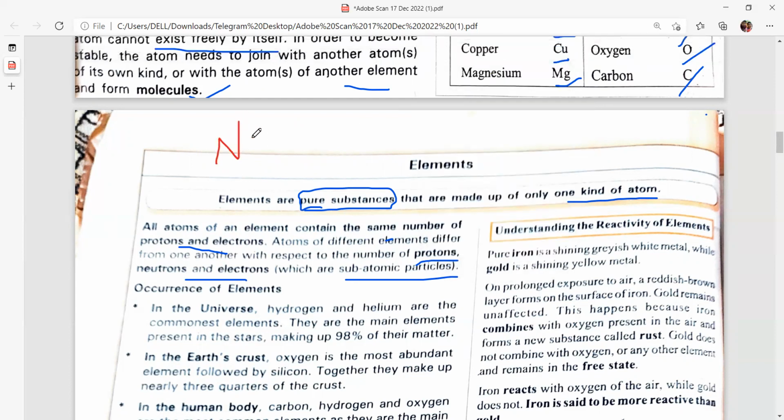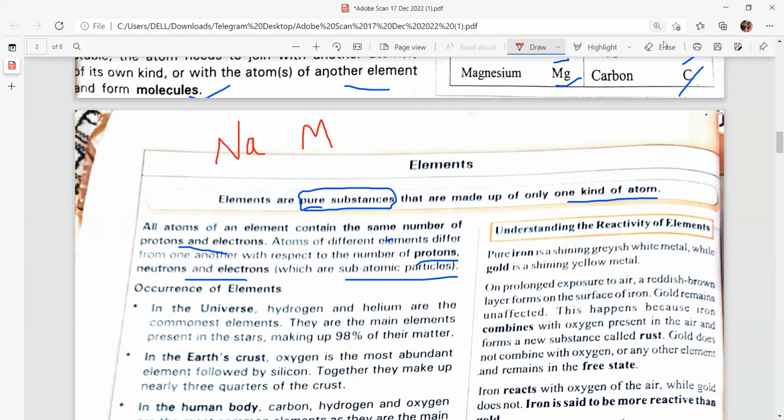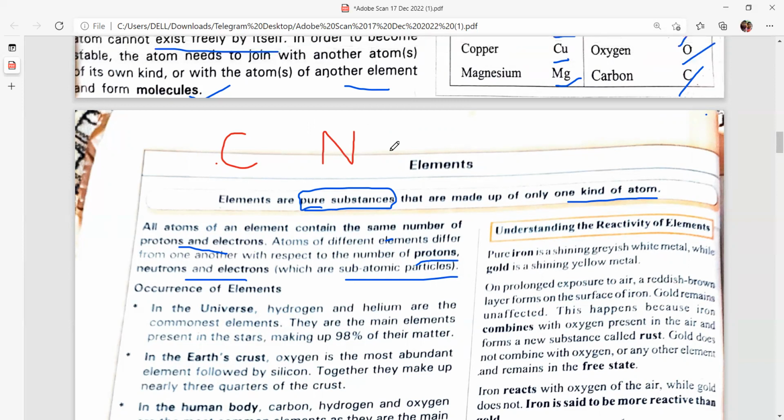Carbon: how many electrons? 6 electrons.